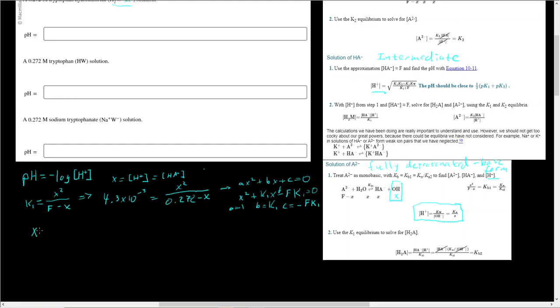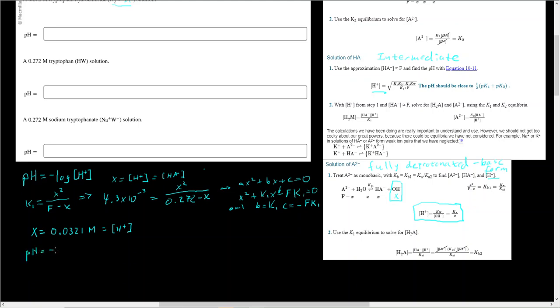So here's what I get for x. 0.321 molar, and so now we need to find the pH of this solution.